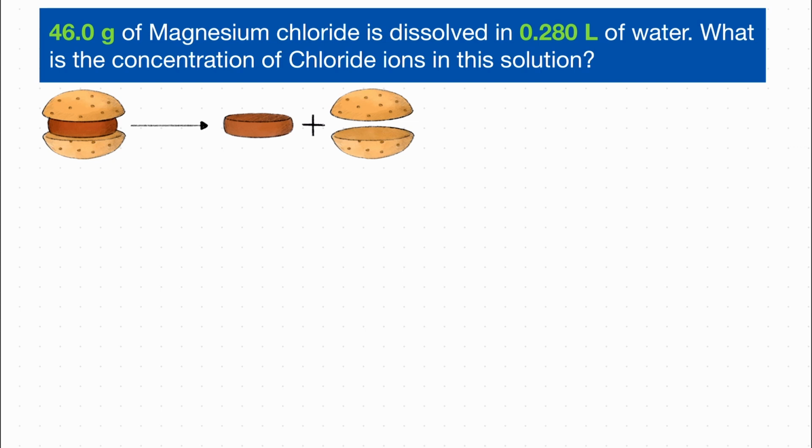So magnesium has a charge of 2 positive, and you can see that on your periodic table, while chloride has a charge of 1 negative, which means that in order to have a neutral compound, we need to have 2 chlorines. So we're going to end up with magnesium chloride, like so.